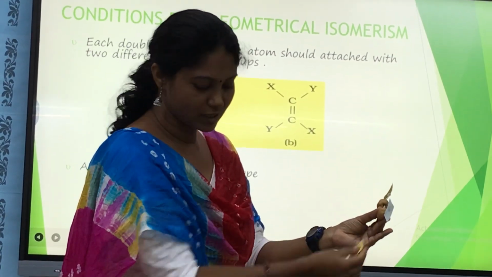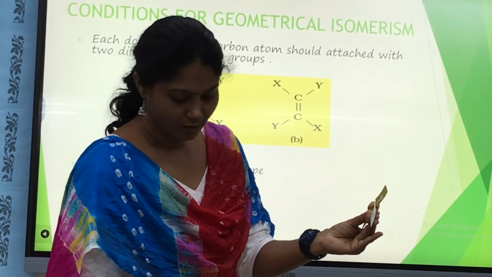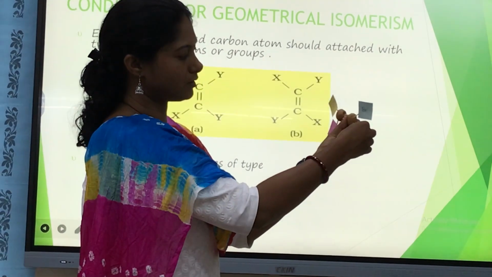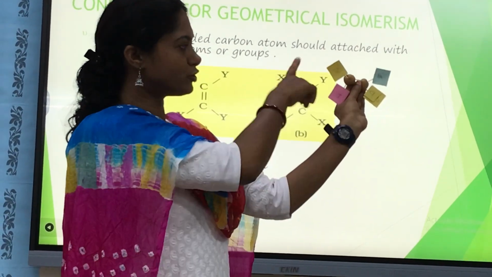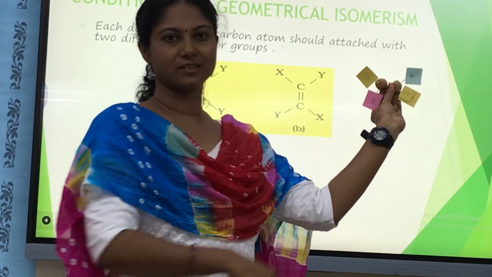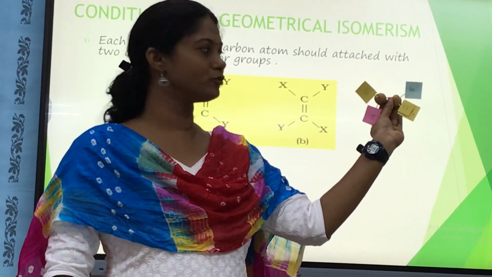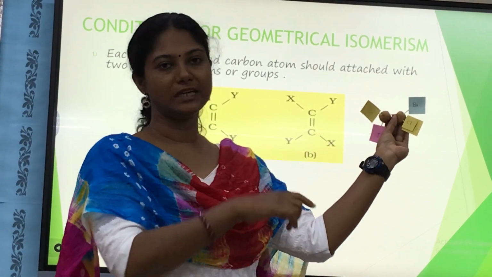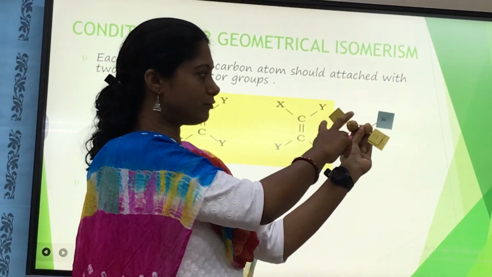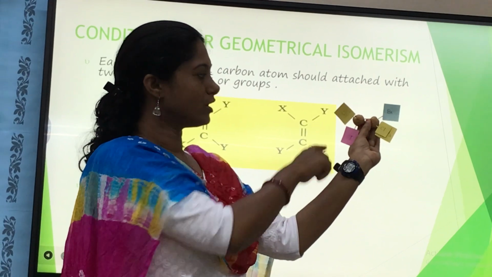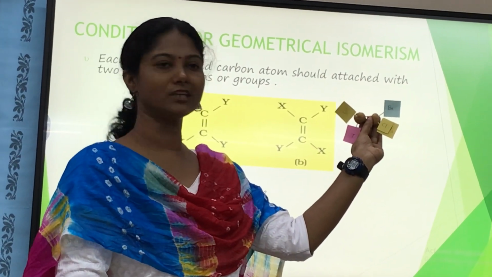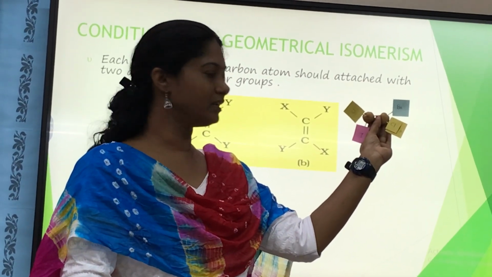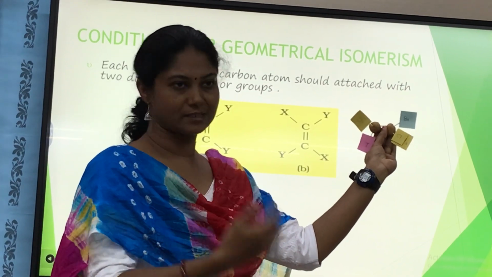Now if I change this with chlorine, here also different groups are attached, but this becomes a special case of geometrical isomerism, that is Z and E notation, where if four different groups are attached to the double bonded carbon atoms, we have to use the terms Z and E instead of cis and trans.